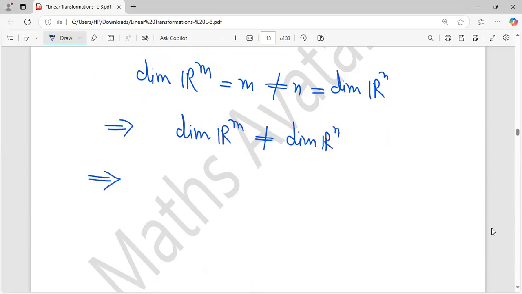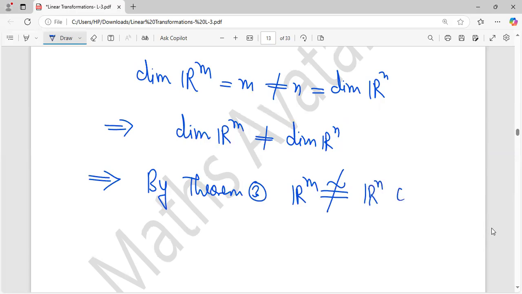So this implies by theorem 3, Rm is not isomorphic to Rn over R.